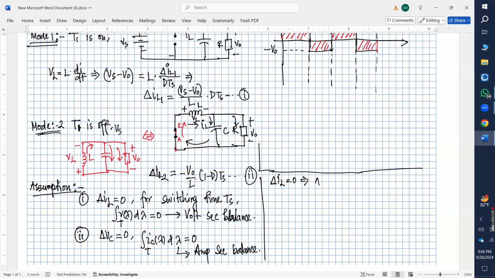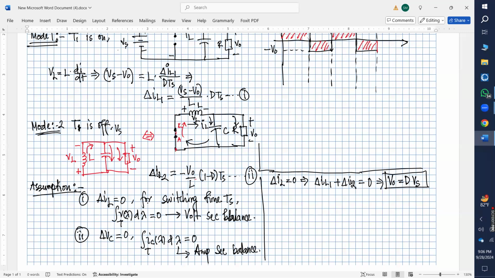So del IL1 plus del IL2 should give you 0. And if you put equation number 1 and 2 and solve for the relationship between output voltage and the input voltage, you will get your output voltage is equal to D multiplied by Vs.